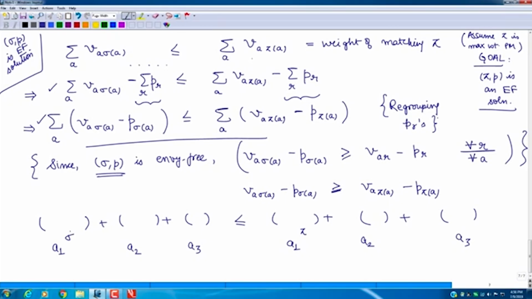So just applying NV freeness term by term, I will indeed get these equalities. So V_A sigma A minus P sigma A must be equal. I know I have the inequality here, but it would be exactly equal to V_A of pi A minus P pi A. This will happen for all agents A.